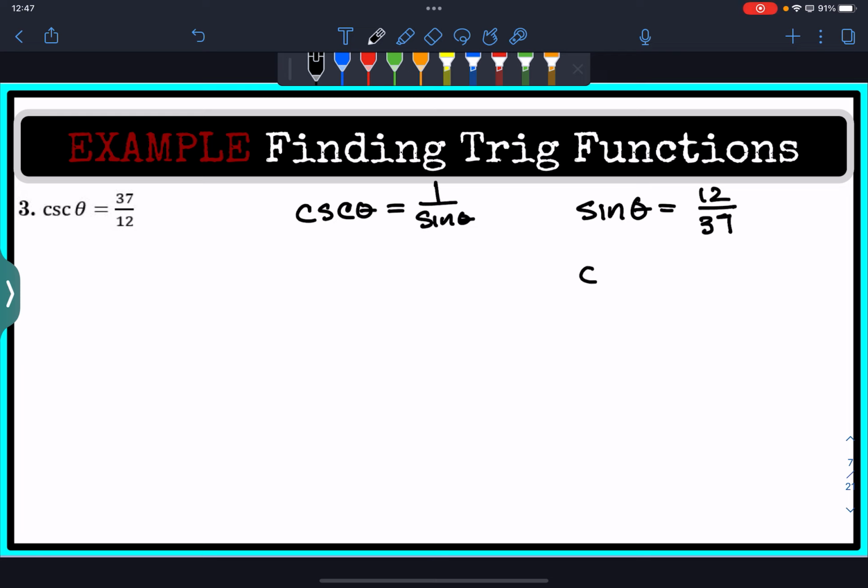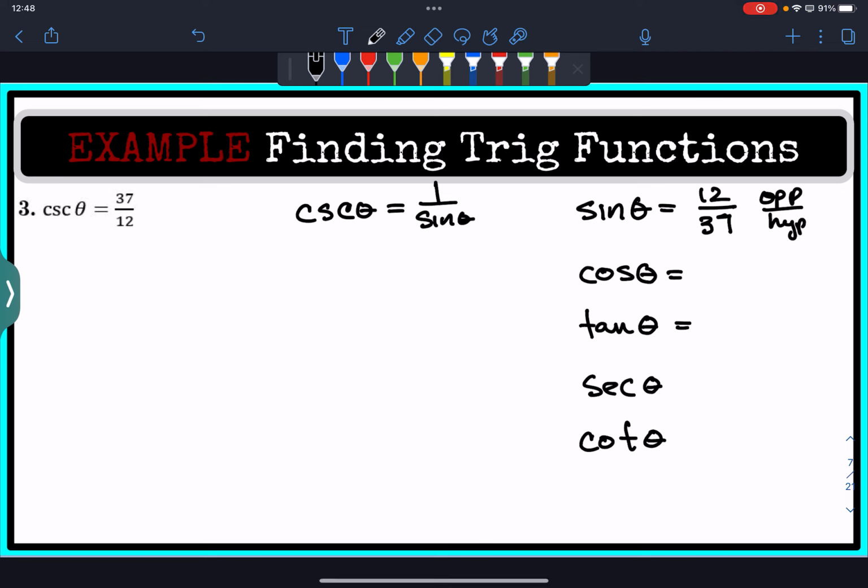Now to figure out the remaining 5 trig functions, I'm going to use the fact that I know that sine is the opposite over the hypotenuse on a right triangle. So if I draw myself a right triangle and I put my theta here, this is the hypotenuse.